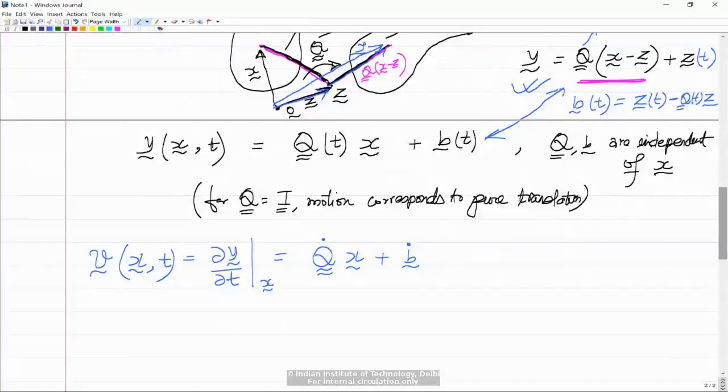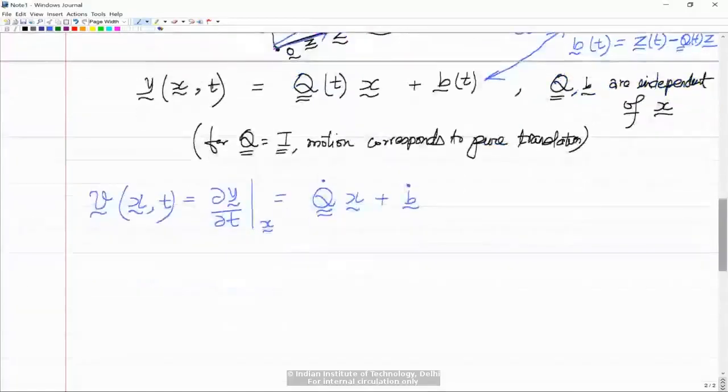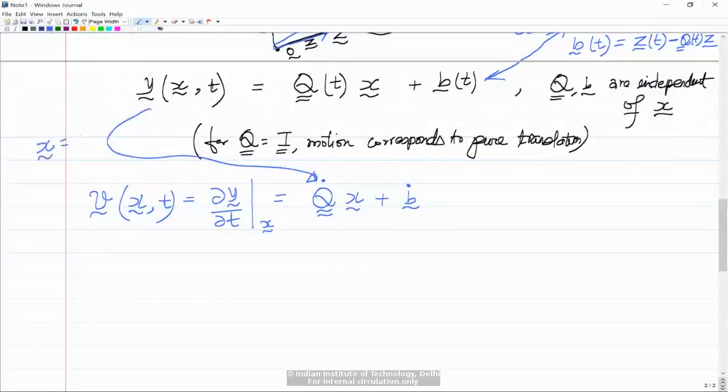Now let us try to write this in Eulerian form. So as of now, this v is a function of x, no? But let us try to substitute x with y using this map. So from this map, you can see that x is equal to q inverse into y minus b, isn't it?